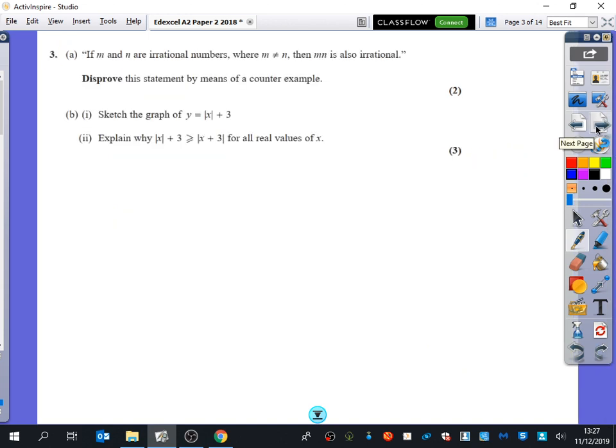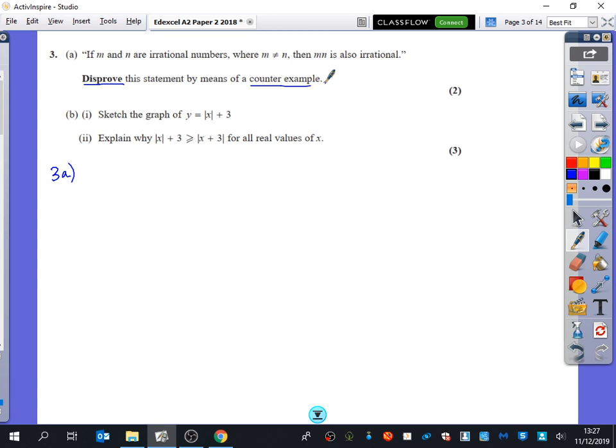Question 3, this is a proof question, not very well answered because I think people didn't know what irrational numbers were. It said if m and n are irrational numbers, where m is not equal to n, then mn is also irrational. It says to disprove this statement by means of a counterexample. This means find something that tells you that it's not going to be true.